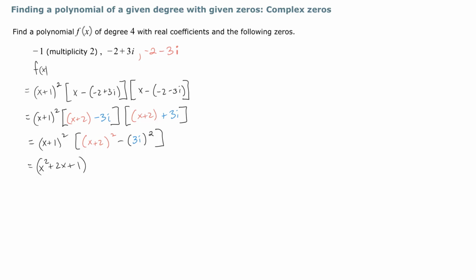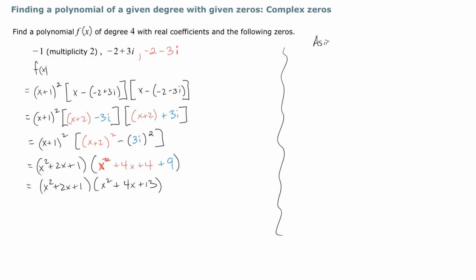And this is going to be x squared plus 4x plus 4 plus another 9. We have x squared plus 2x plus 1 times the quantity x squared plus 4x plus 13. And we could multiply this as well.